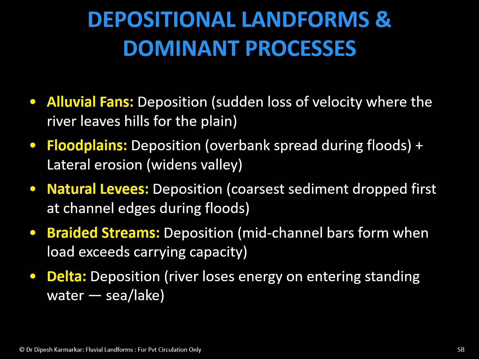Natural levees are made by deposition of the coarsest sediment first at the channel edges during floods, while braided streams are made by deposition of mid-channel bars when the load exceeds carrying capacity. Deltas are made by deposition where the river loses energy on entering standing water. Keep this slide handy for quick revision.